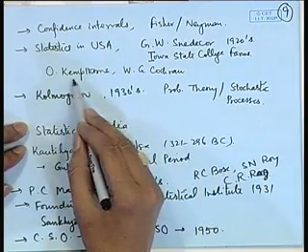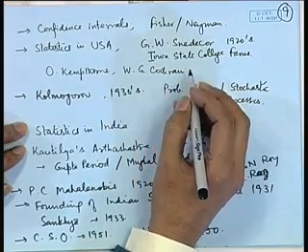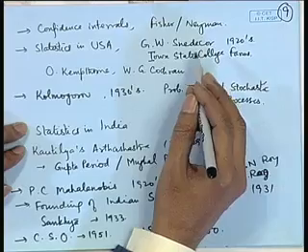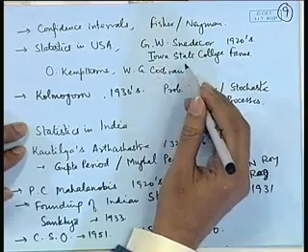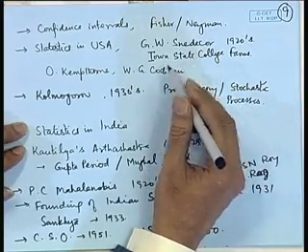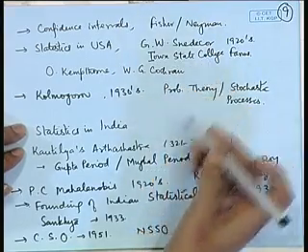Slowly, other statisticians like Oscar Kempthorne and W.G. Cochran also joined him, and slowly the subject of statistics started in the USA. In 1939, Jerzy Neyman, Abraham Wald, etc. moved to the USA, and the subject got a big boost in the USA.